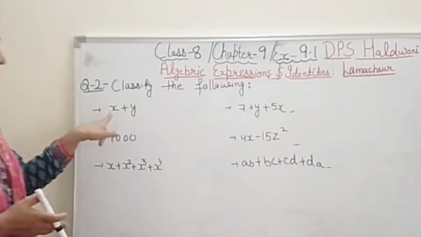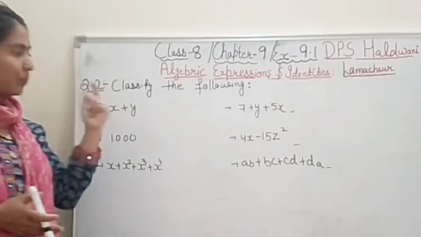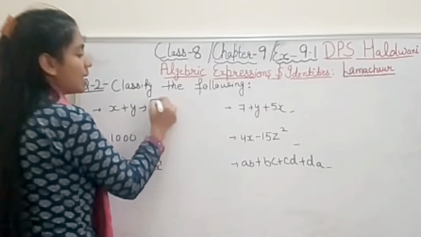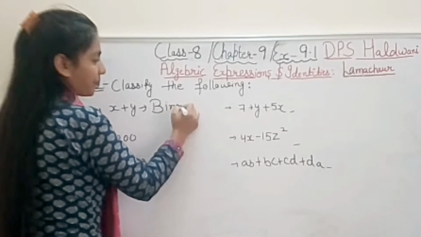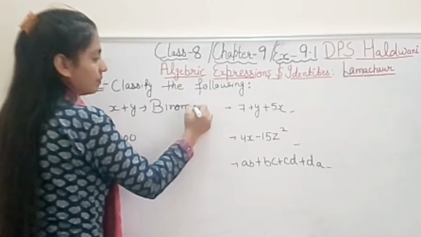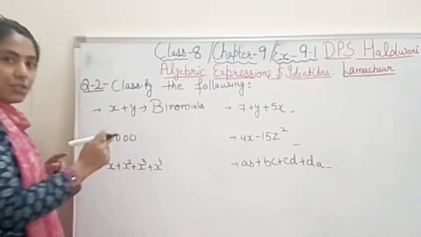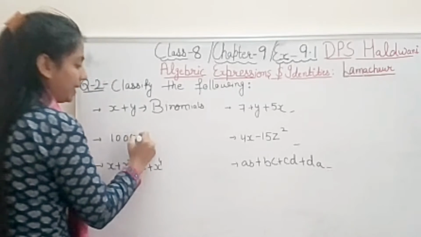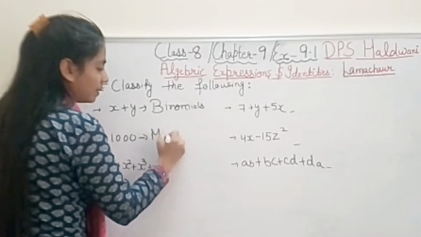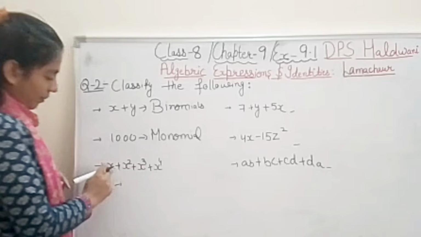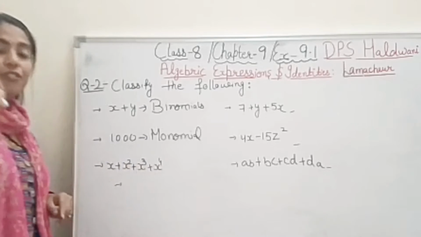So let's start. How many terms are there? Two. One is x, one is y. So it has two terms, so it is binomial. Right, student? Now next, it is 1000. So it is only one term, so it is monomial. Next, student, 1, 2, 3, 4. 4 terms.